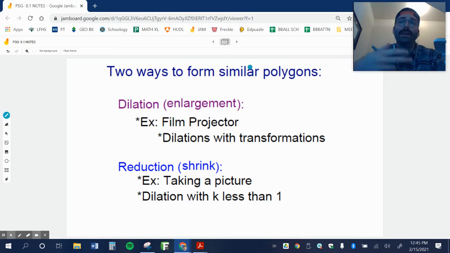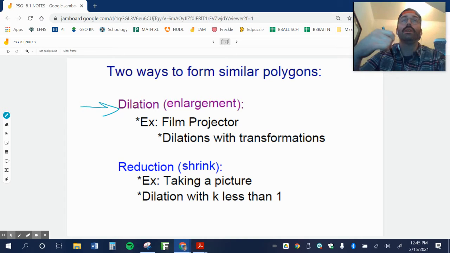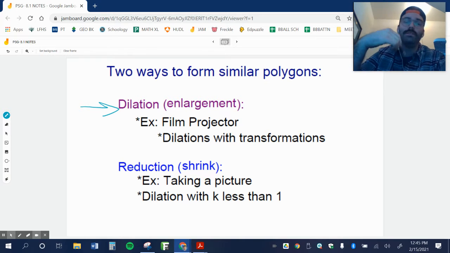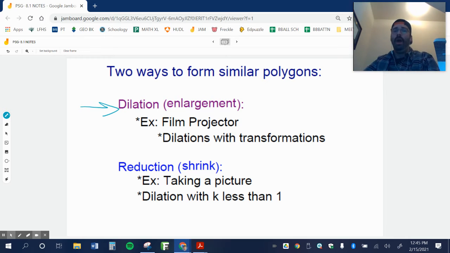Similar polygons are formed in two different ways. There can be a dilation or an enlargement. When we talked about transformations back in chapter 4, I think it was, in first semester, we talked about dilation or enlargement when our scale factor was greater than 1. Another real-life example of a dilation is a film projector.